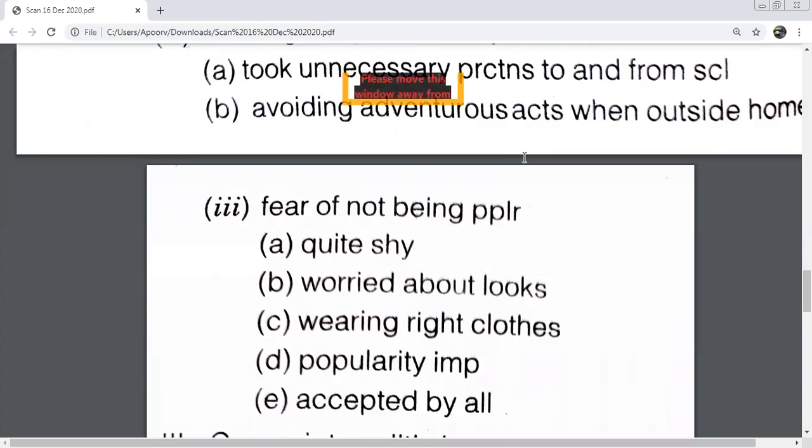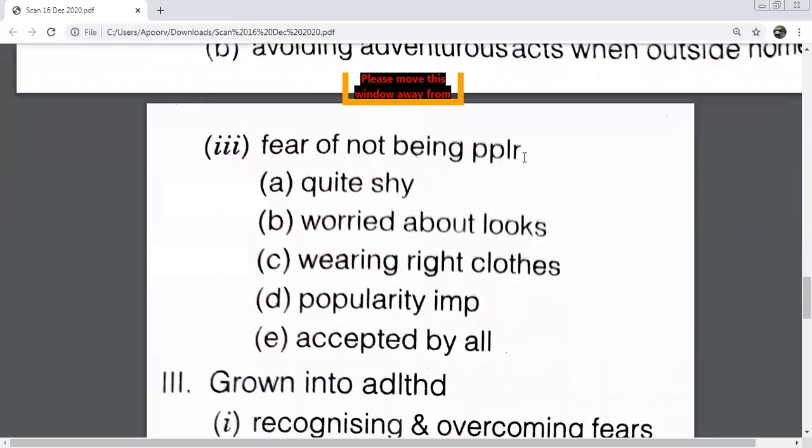See the third one now. Okay. See the heading and subheading for the third point. Then let's discuss.